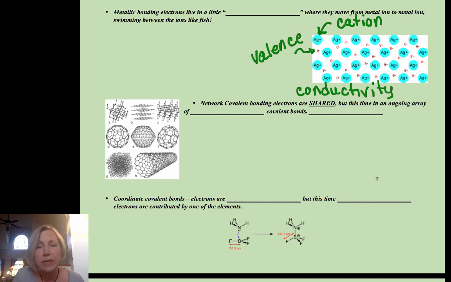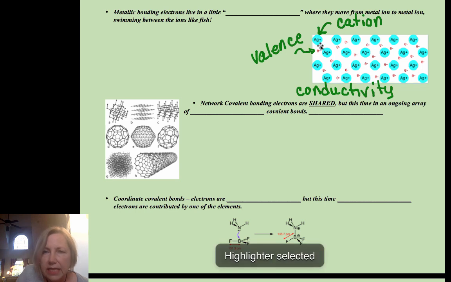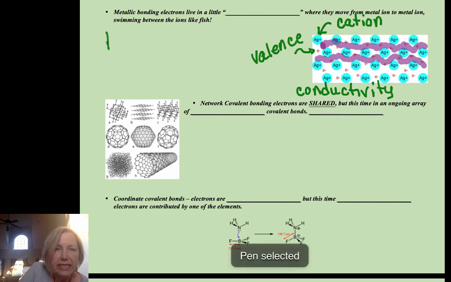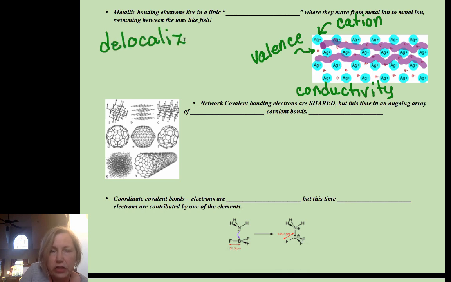That's why metals conduct, because they have freely moving electrons. And those electrons form kind of a buffer zone so that the positive ions aren't repelled by one another. Remember, positives repel positives. Well, these electrons that are freely moving, we say they are delocalized, not fixed to a particular location. Those electrons prevent that positive silver from being repelled by that positive silver.